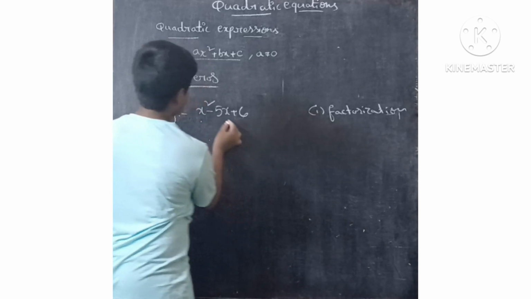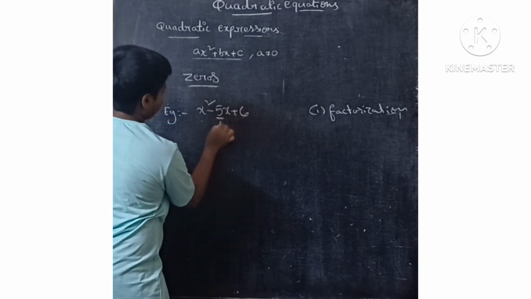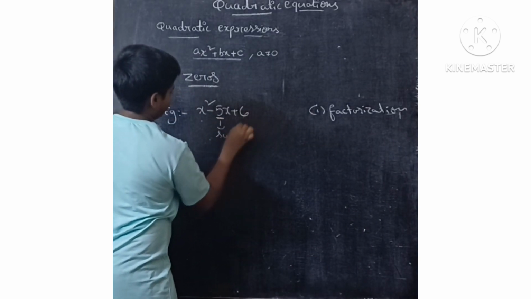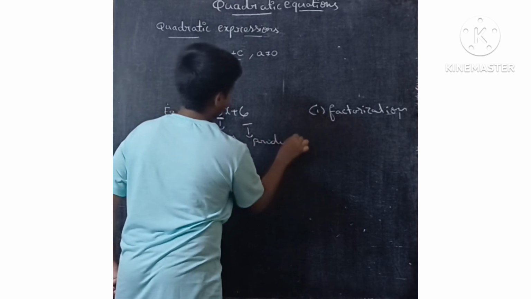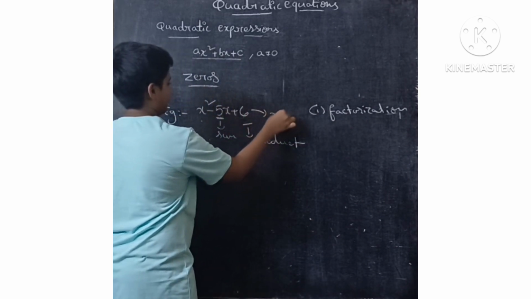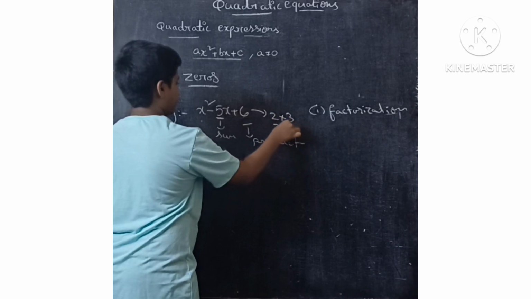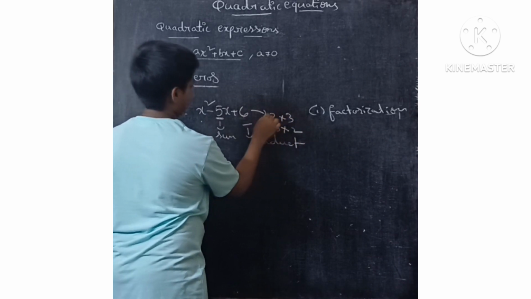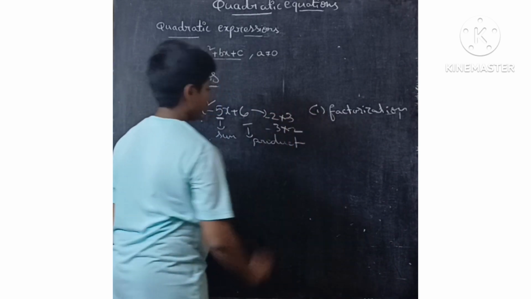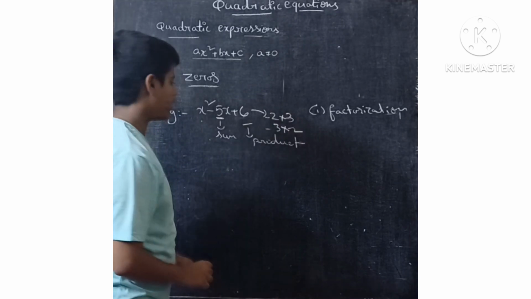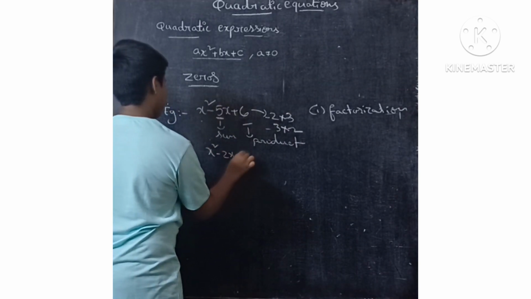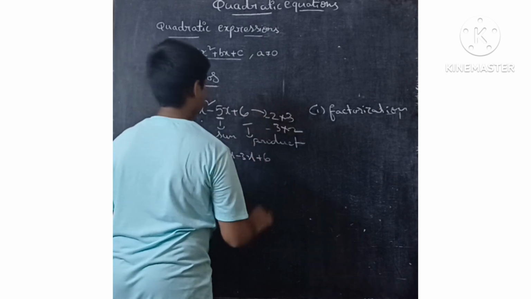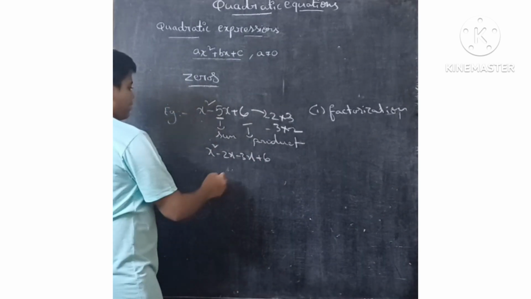Here this minus 5 is known as the sum and this 6 is known as the product. So split this product. Here 6 is written as 2 into 3 or 3 into 2, or as minus 2 into minus 3, minus 3 into minus 2, which means x square minus 2x minus 3x plus 6. This is very important.